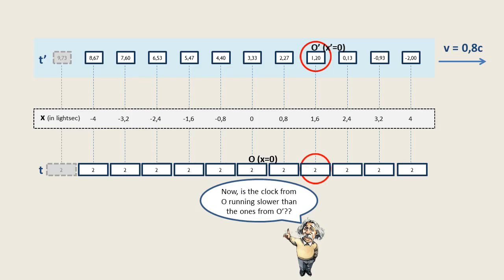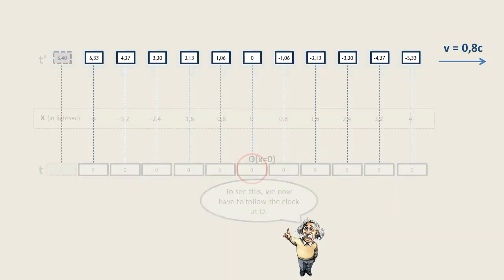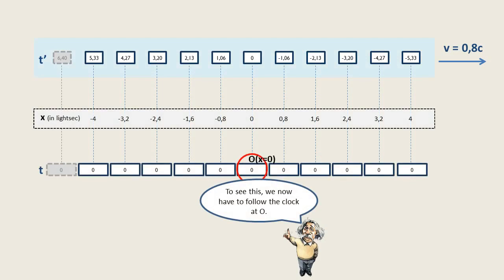Now, is the clock from O also running slower than the ones from O'? According to the relativity principle, it should, and it does. To see this, we must now follow the clock at observer O. It reads 0 to start with, just like the clock at the same x at observer O'.